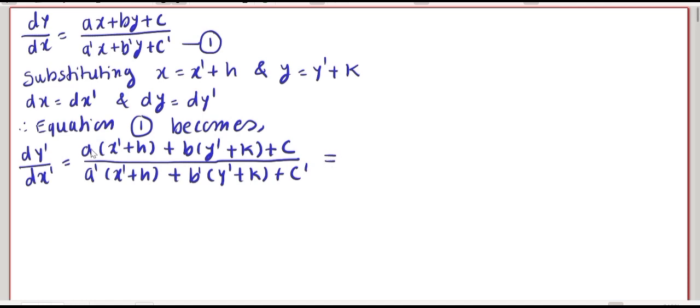Now multiply a to the bracket, b to this bracket, also a dash to this bracket and b dash to this bracket.